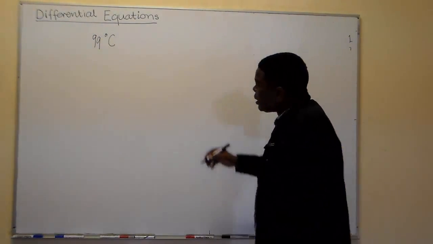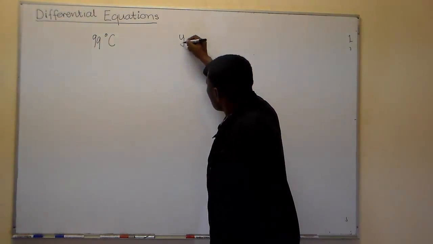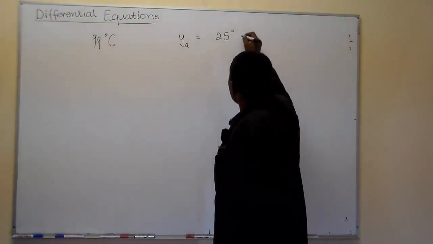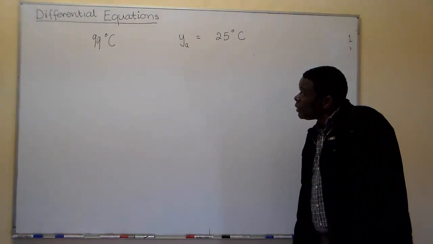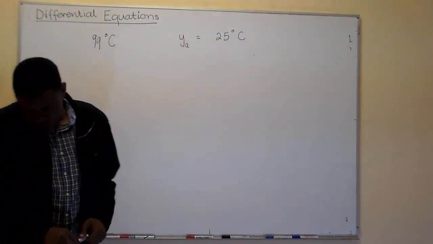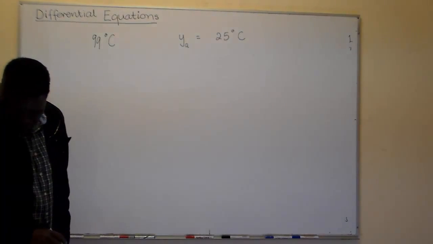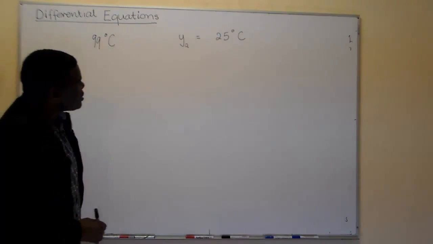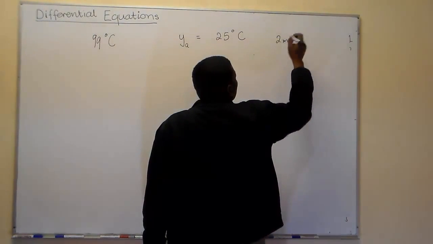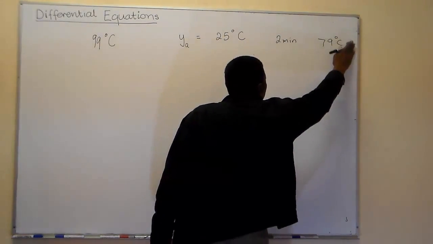And we're also told that the ambient temperature, which you can write here, let's say YA, is equal to 25 degrees Celsius. And then it is noted that after 2 minutes, the temperature is standing at 79 degrees Celsius. Let's say after 2 minutes, the temperature is 79 degrees Celsius.